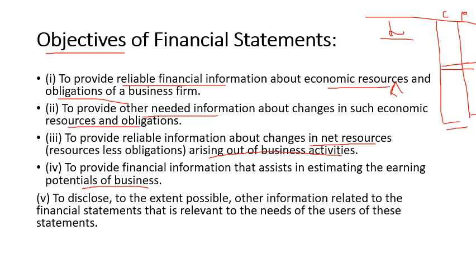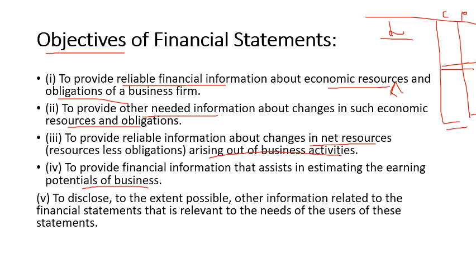By verifying the profit and loss account, we can verify the earning potential or the return on investment of this business. So we can predict the future of the business based on its previous performance. The customers or the different users can estimate the earning potential of the business by referring to the financial statements, because the financial statement provides such data.